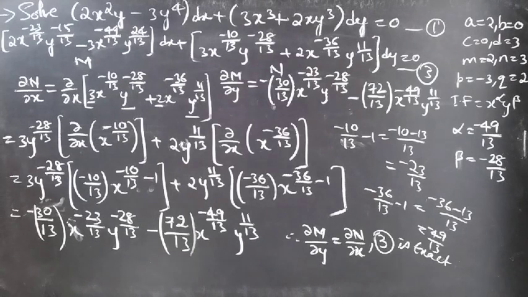Now we came to know that the reduced equation is an exact equation. Now we need to find the general solution to the given equation, which is given by the general solution of the exact equation, equation 3, okay.